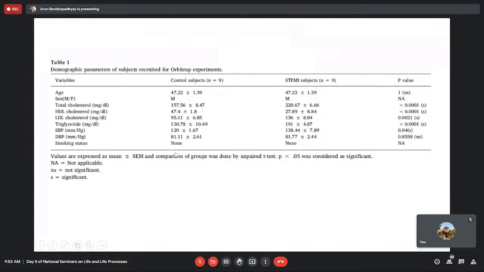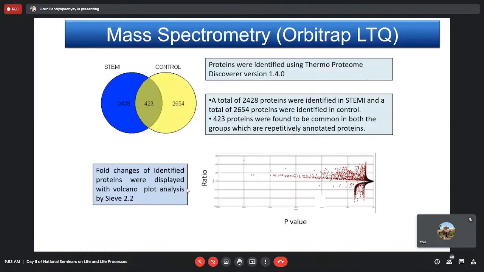These are the data we collected from the human samples, because we need to know the demographic parameters so that we can clinically correlate several proteins which are altered in the blood sample in a later phase. You can see that our powerful Orbitrap mass spec could identify more than 2,500 proteins in the controls and in the MI patients.